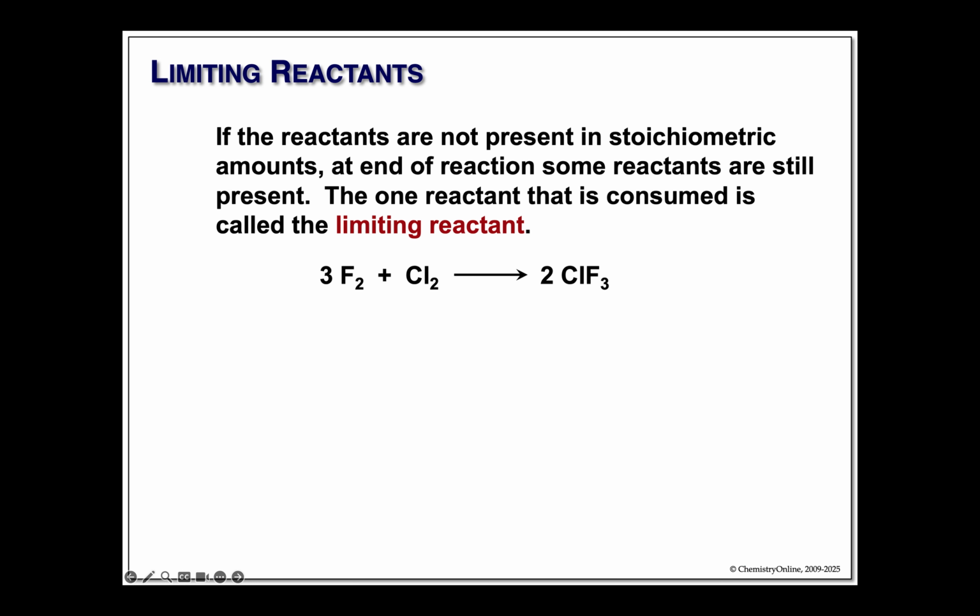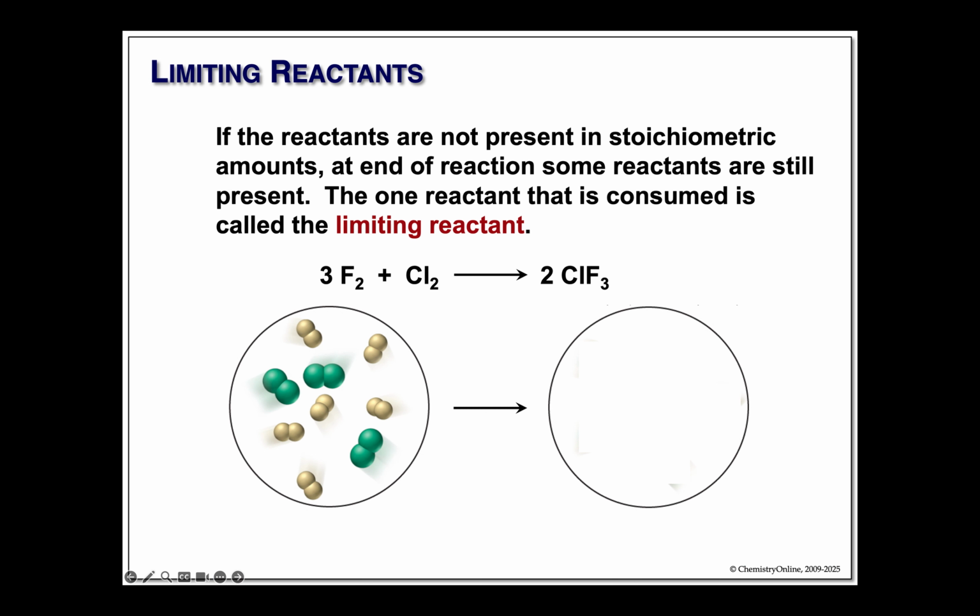So, in this reaction, 3 F2 react with 1 Cl2. They're both diatomic. An intuitive approach to this would be to show something like this, either as a cartoon or just in words. So here we have 1, 2, 3, 4, 5, 6 fluorines and 3 chlorines.